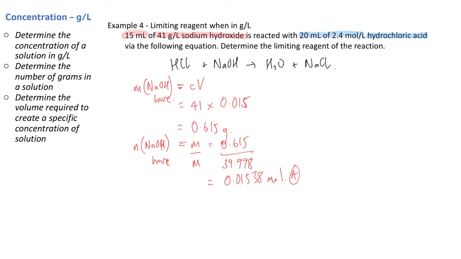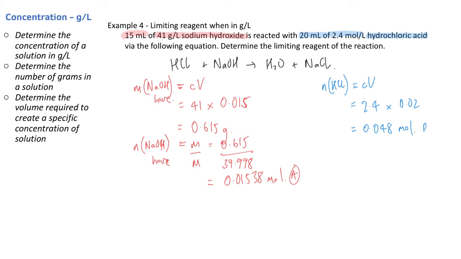Now we're going to work on the hydrochloric acid. The number of moles of hydrochloric acid is equal to CV, but this time we've got 2.4 moles per liter times the 20 mL that we've got, which happens to be 0.048 moles.